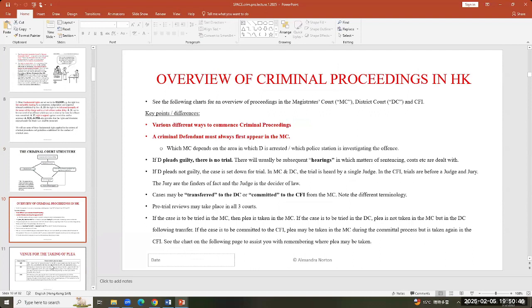There are various different magistrates' courts in Hong Kong, and if you ever have the opportunity to go sit in some of them, I think it's a really valuable experience. You go sit in Court 1, in any of the magistrates' courts, you'll hear lots of bail applications, lots of pleas and mitigation. Unfortunately, I can't promise you there'll be good ones. It's going to depend on who's making the bail application.